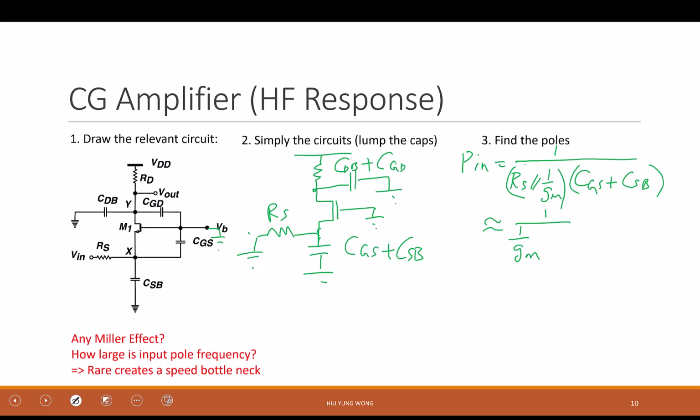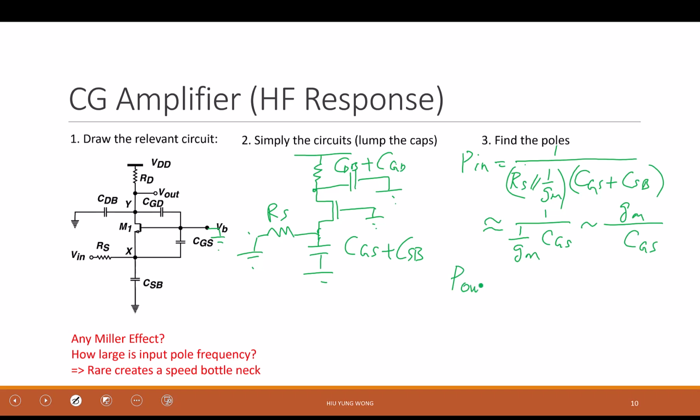And usually CSB is smaller than CGS, as I showed you earlier in the cross section, right? Because source to body, particularly in FinFET or SOI, CSB is very tiny. Okay, so this becomes CGS, so the pole approximately equals gm divided by CGS. Okay, this is very interesting.